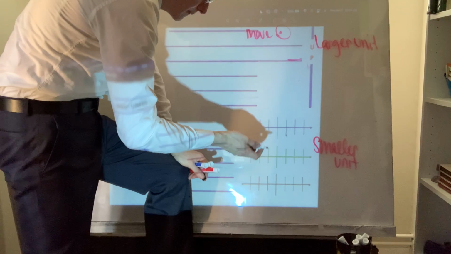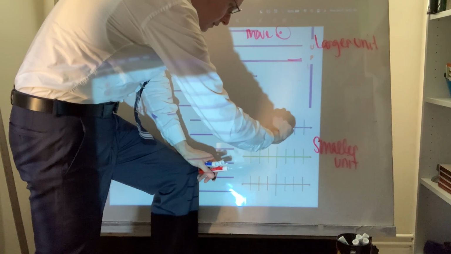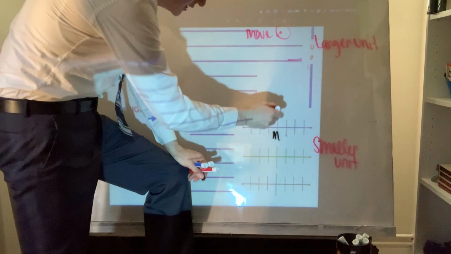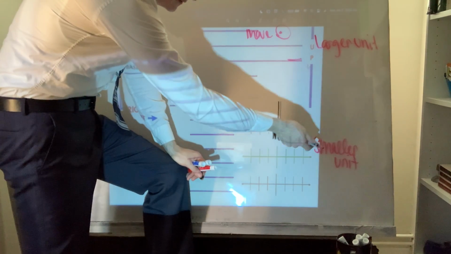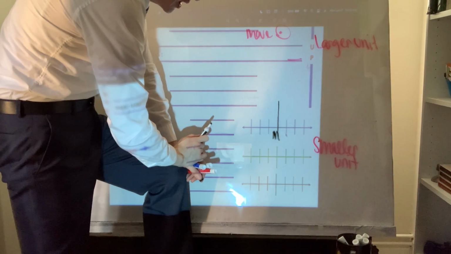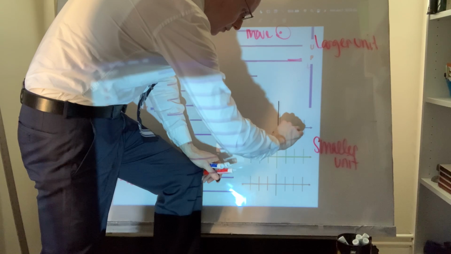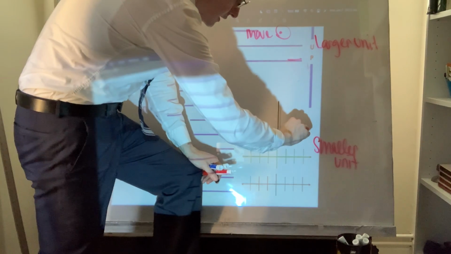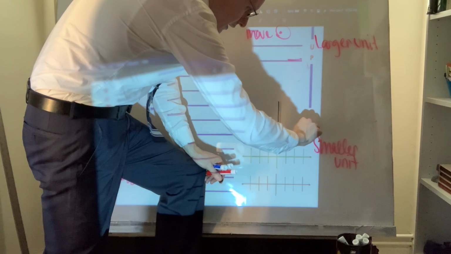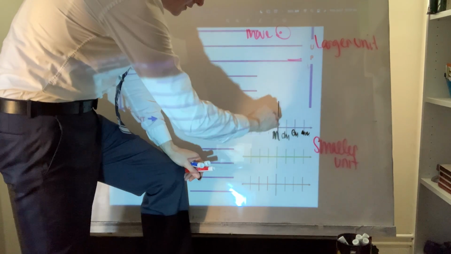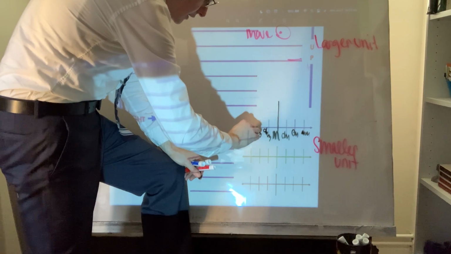So let's talk about meters. Right? If meter is the base unit, then that should be in the middle. Right? To the right side of it would be decimeter, so I'm going to abbreviate that dm, and then centimeter, cm, and then millimeter, mm, and decameter, dam, hectometer, and kilometer.